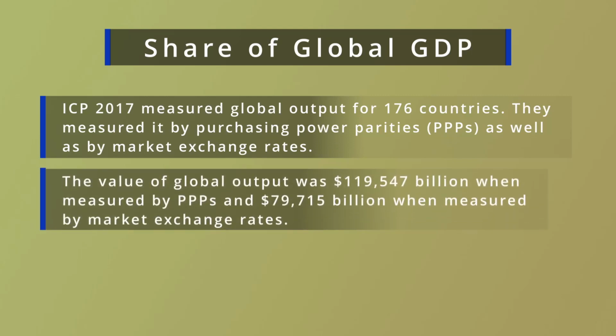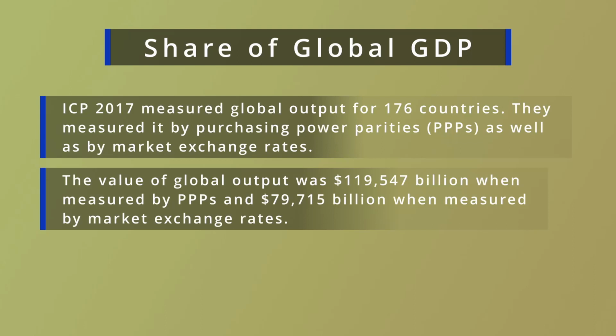The global volume of output was $119,547 billion, which is measured in PPPs. And in case of market exchange rate, this volume was 79,715. This particular figure helps us to understand the different positions of different countries.